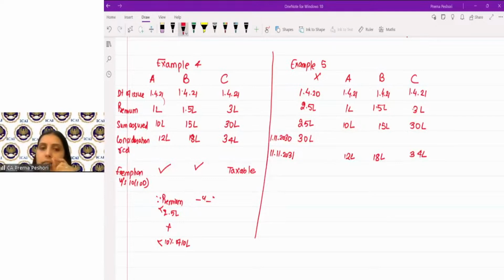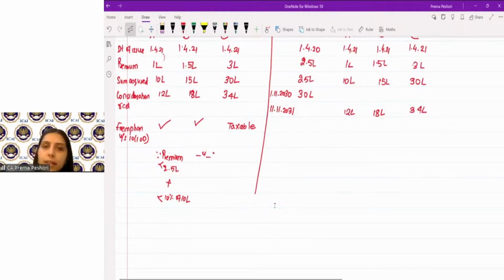So for X, the 2,50,000 limit will not be applicable. Even if the premium had been 3 lakh, the 2.5 lakh limit would not have been applicable. The only condition for X is that the annual premium should not exceed 10% of the sum assured.